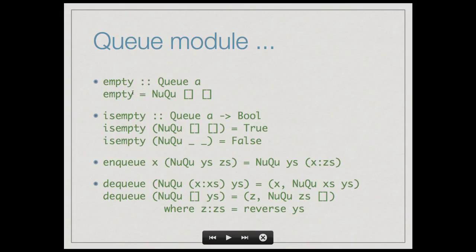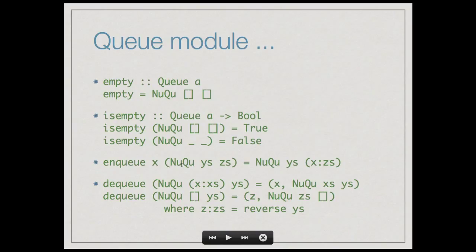The other functions are as before. Empty just returns a Q which is empty, new Q, empty list, empty list. IsEmpty will check whether a Q is empty. IsEmpty of new Q of empty list is true. IsEmpty of new Q of anything else is false.